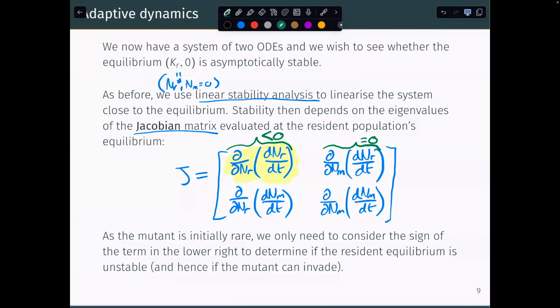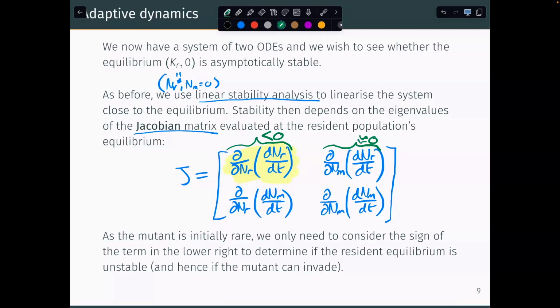So you're right that this is 0 because we're assuming that if our mutant is very, very rare, then it's basically having no effect on the population size of our resident. So our resident here is now going to be unchanging with respect to our mutant because the mutant is so rare. So this is approximately equal to 0.